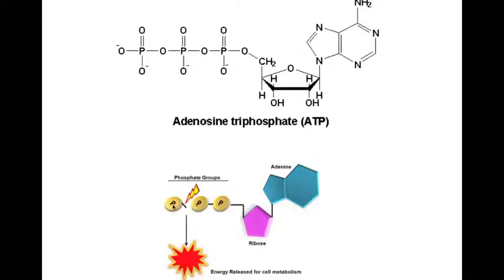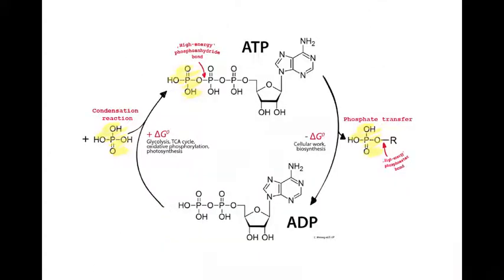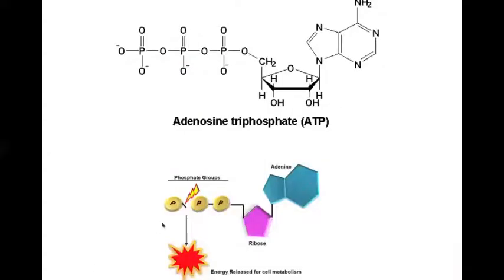So if these phosphates come apart, the high energy in this bond is released and can be used to drive some other chemical reaction. Now, why is this a high energy bond? Well, there are multiple reasons, but probably one of the biggest components of the energy in this bond is something we can intuitively understand.